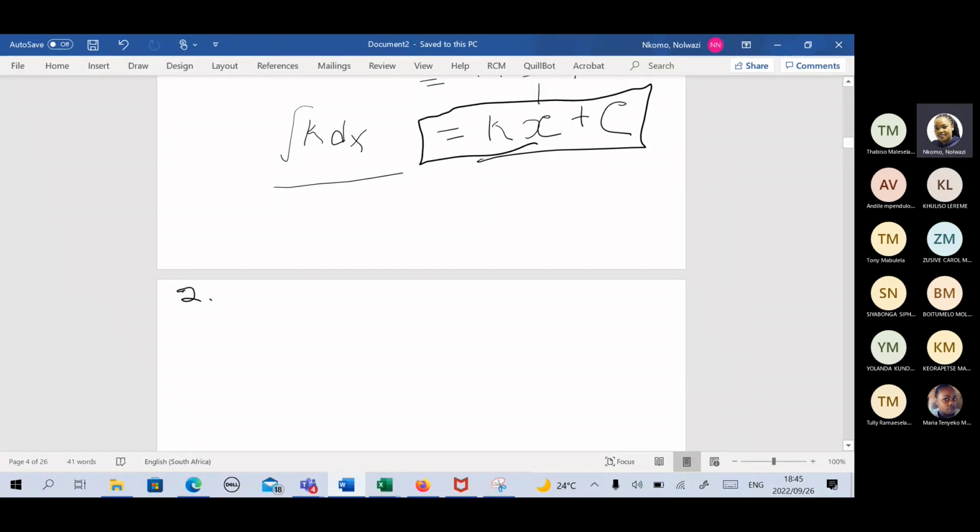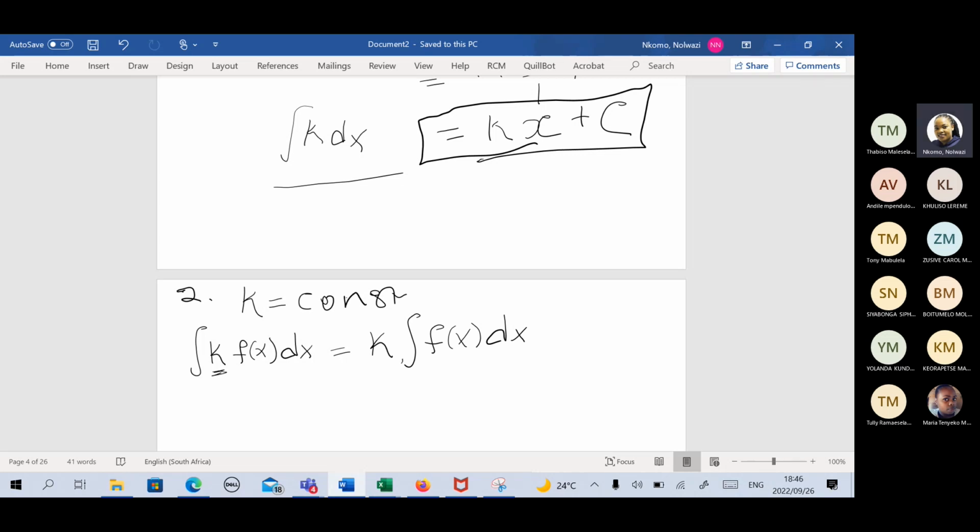The integral of a constant, right? If you have a constant multiplying a variable or a function, it's okay to take that constant out before you integrate. Meaning, if you are told that k is a constant, and we are asked to integrate k times f(x) with respect to x, since this k is a constant, we can take it out before we integrate.